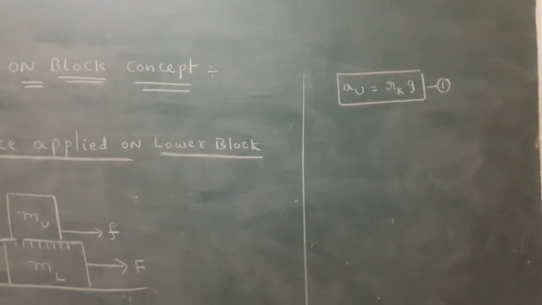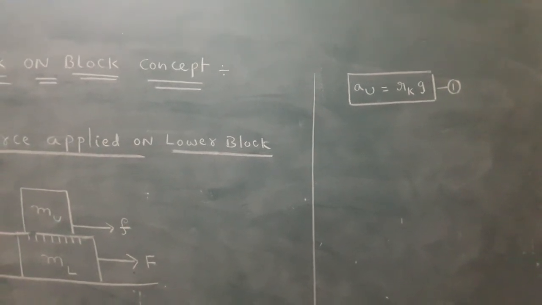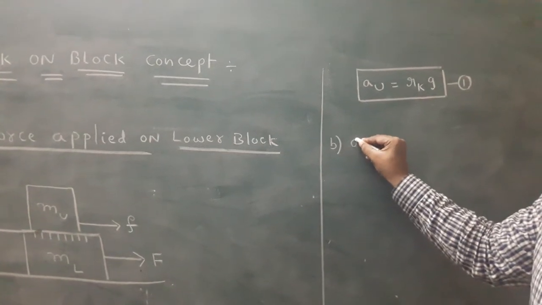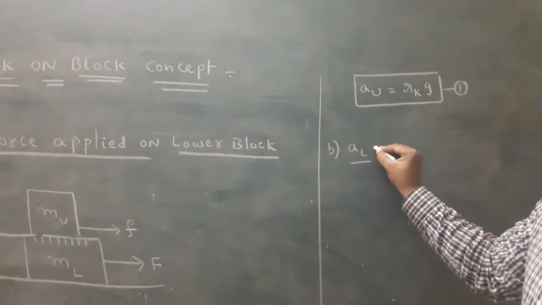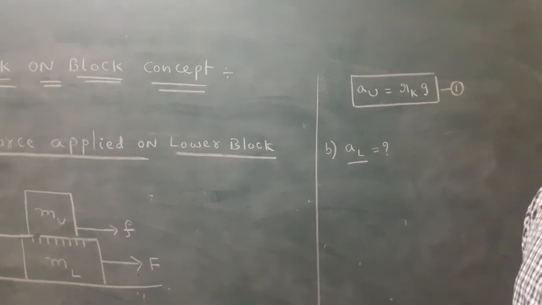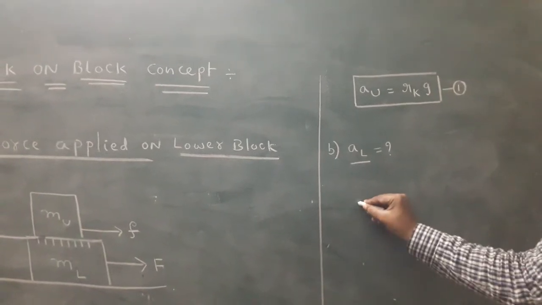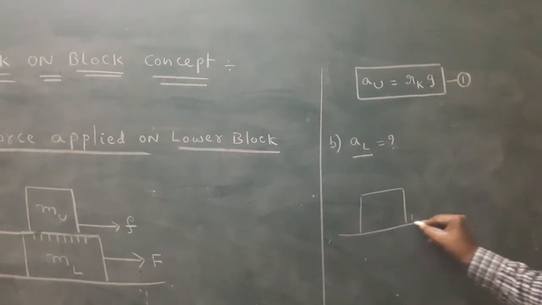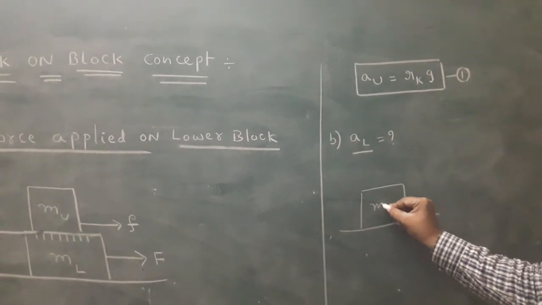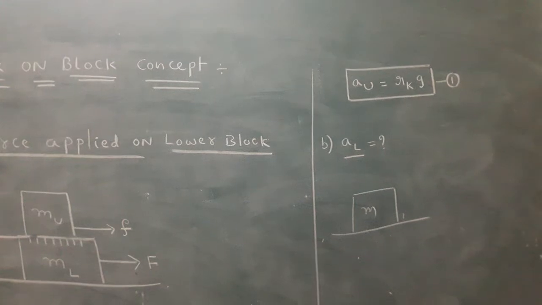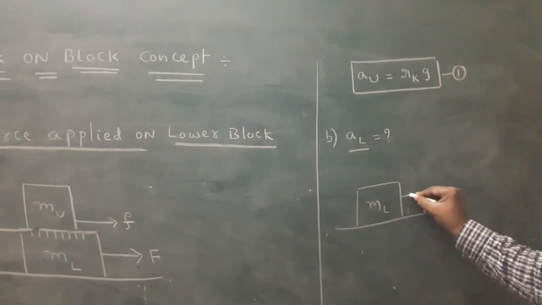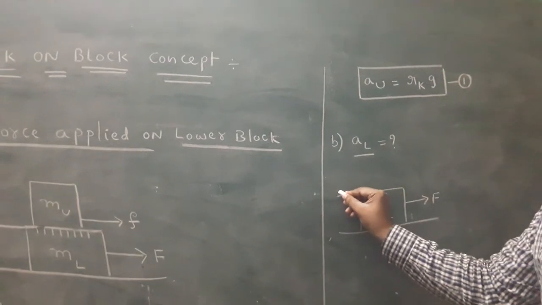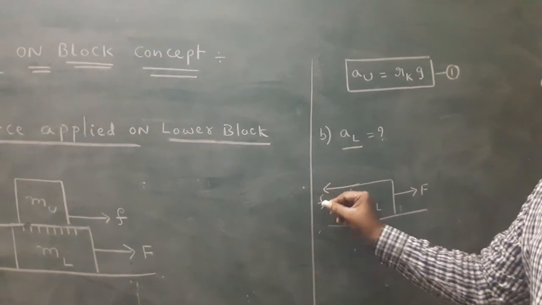The question is force applied on the lower block, B. Acceleration of the lower block is to be determined. I take the lower block now. This is the lower block. Here, the forward force is the applied force. The backward force is the frictional force.